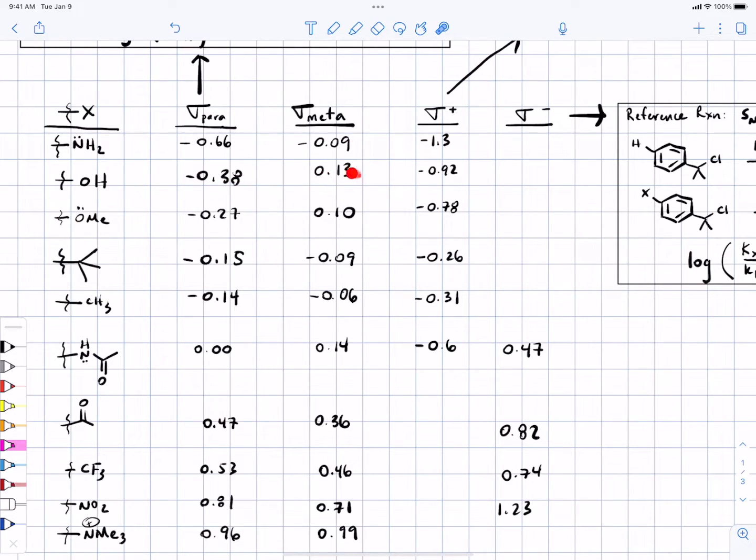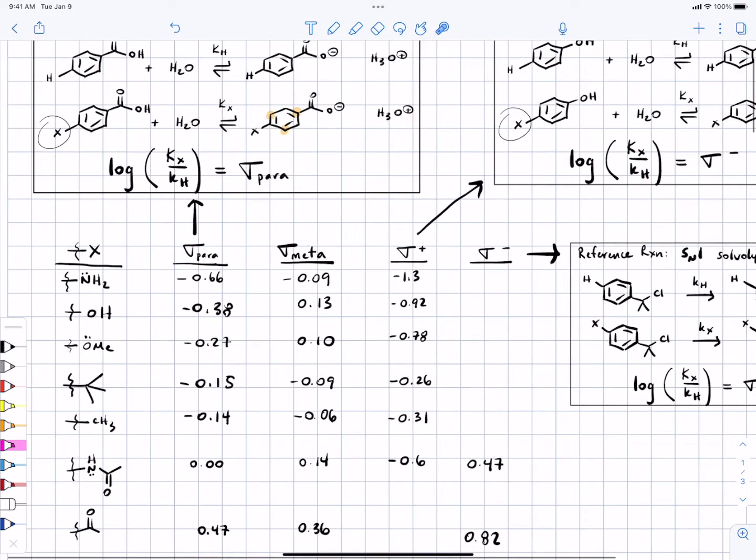Similarly, OH at the meta position actually makes the constant a little bit more favorable than hydrogen. Presumably, this is because at the meta position, the resonance donation matters less than the electronegativity of oxygen. And presumably the reason the oxygen substituents favor the deprotonation versus the amino substituent is related to the difference in electronegativity between oxygen and nitrogen.